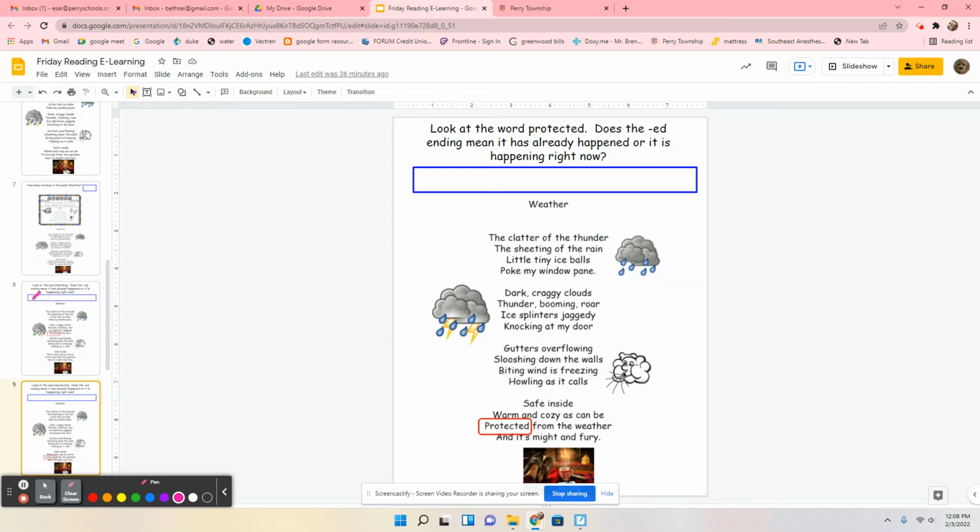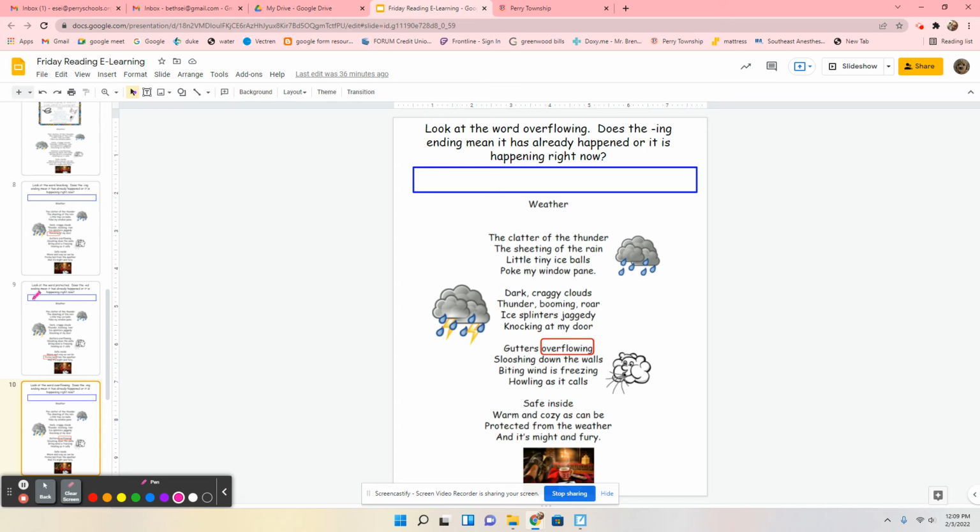It is protected. Does the ed ending mean it has already happened or it's happening right now? Hopefully you said that the ed means that it already happened. It happened in the past.